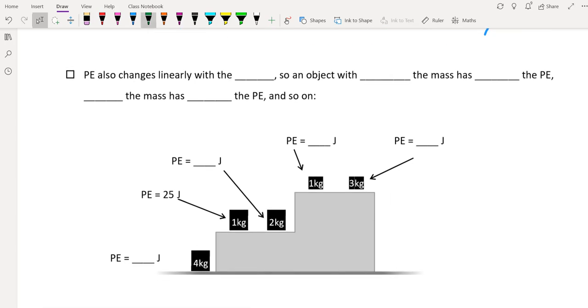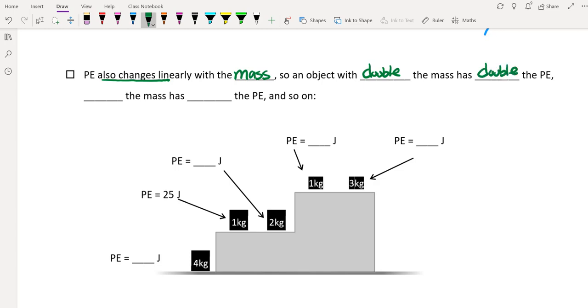Now, potential energy also changes linearly with mass. So an object with double the mass has double the potential energy.